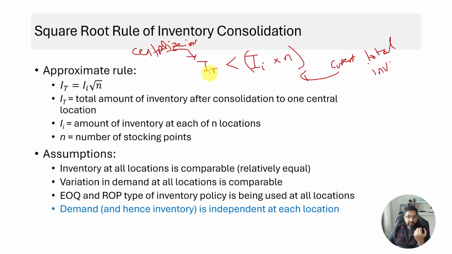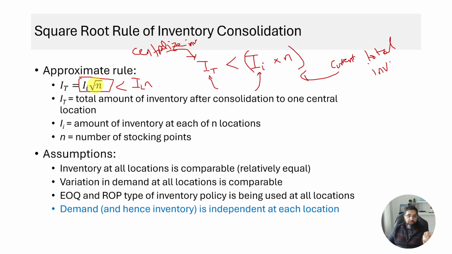This could be in units if I_i is in units, or it could be dollars. You could take inventory value in dollars or inventory in units; the relationship works approximately for both. So centralized inventory I_T is going to be less than the decentralized inventory I_i spread across N locations. Exactly how much? I_T is approximately I_i times the square root of N, and this number is less than I_i times N.